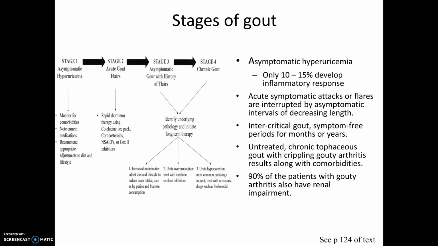And then after the acute attack goes away, there's an asymptomatic period that can last for a while. And fortunately, we don't get into stage 4 very often because of the advances in medicine. But you can take a close-up of this slide, kind of interesting, outlining the various stages of gout.